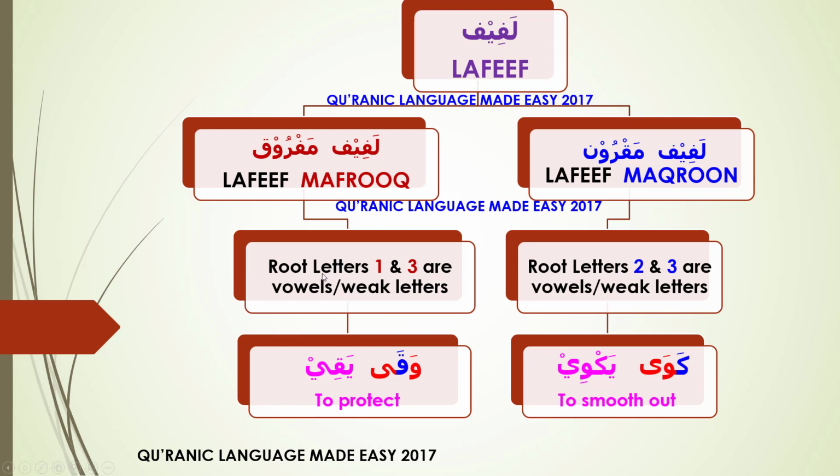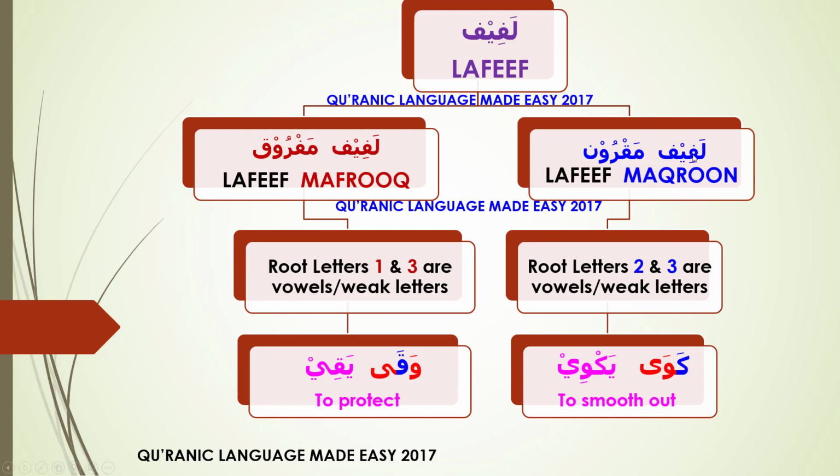Lafif mafruq is when the first and the third root letters are the weak letters. For example, waqa, yaqi. Notice that the first fa radical is a weak letter waw and the lam radical, the third radical, is a ya. Waqa, yaqi, which means to protect.